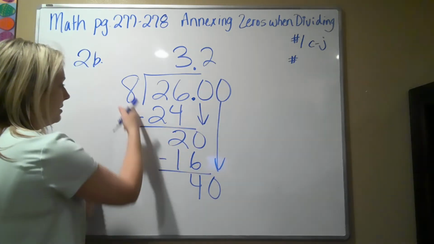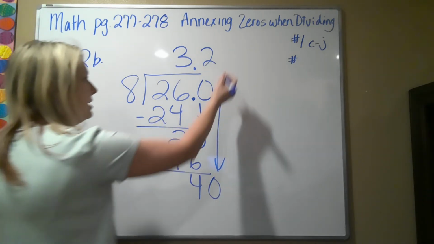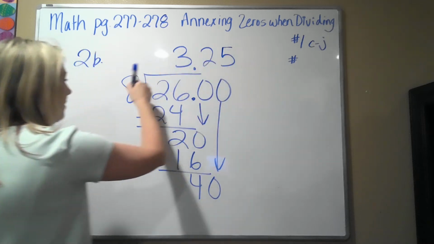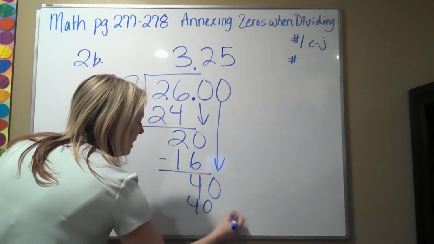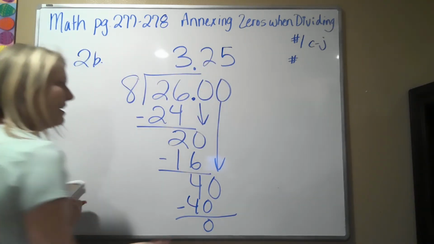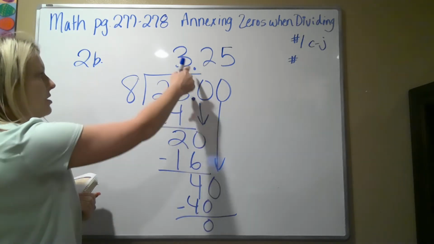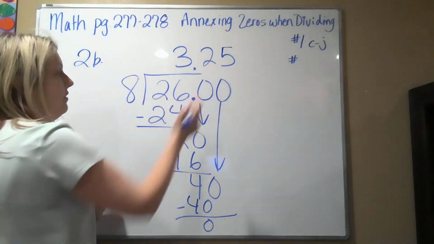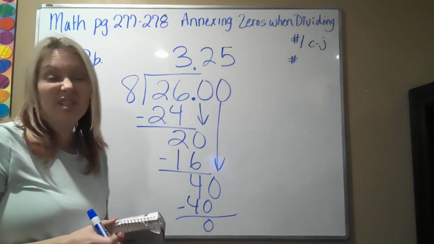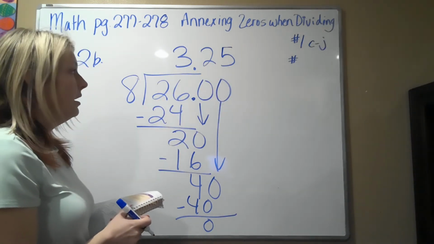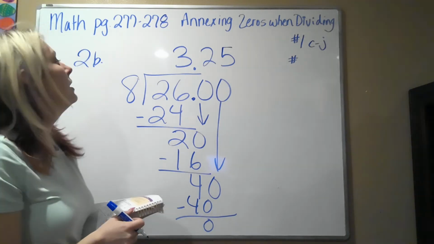So I brought down my 0. 8 goes into 40 how many times? 5 times. 5 times 8 is 40. I will then subtract and I get my 0. So that means that 8 goes into 26, 3 and 25 hundredths, or you could say 0.25 to make it easier.